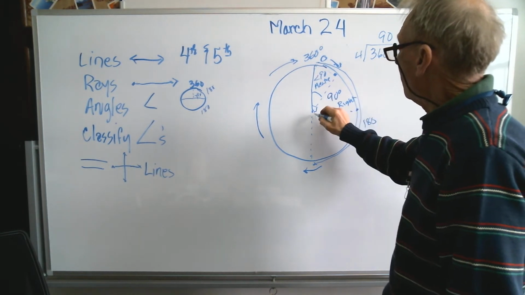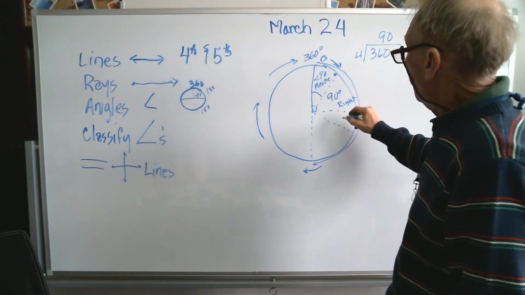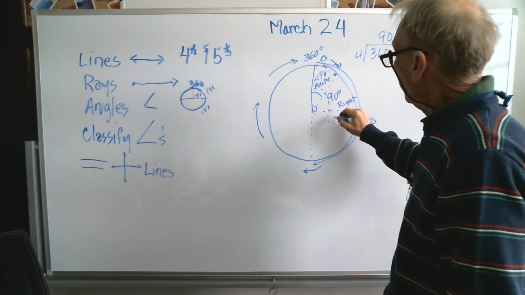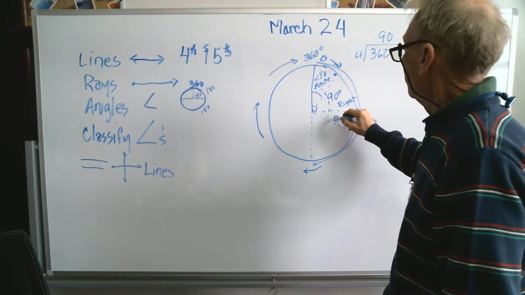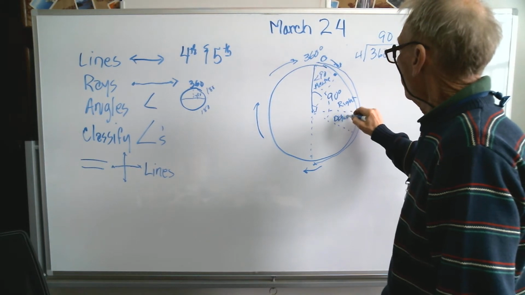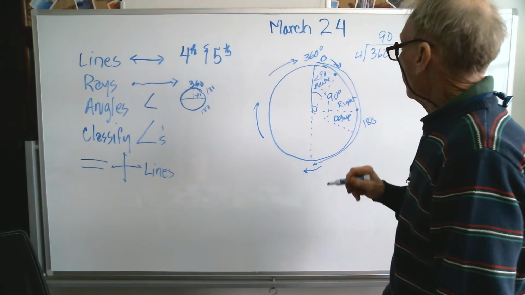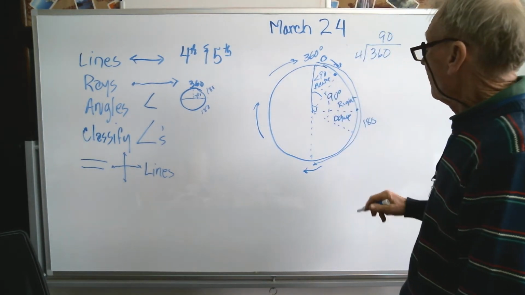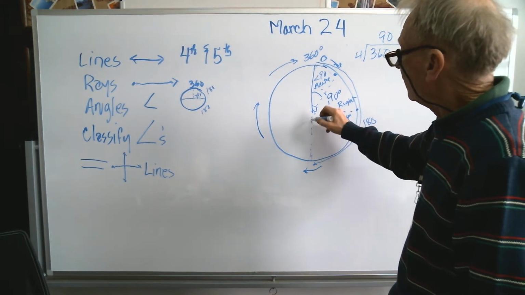When it goes beyond 90, that angle is obtuse. An obtuse angle is greater than 90 degrees, and it'll be an obtuse angle all the way until it gets to here.